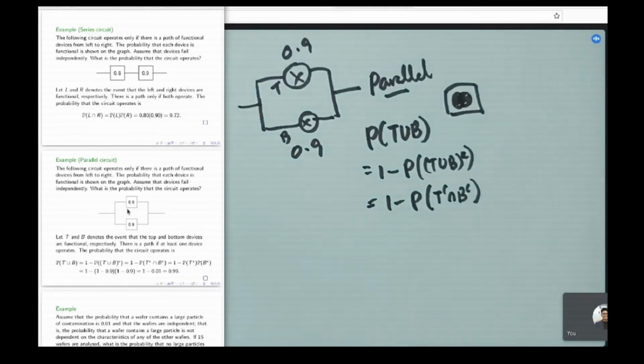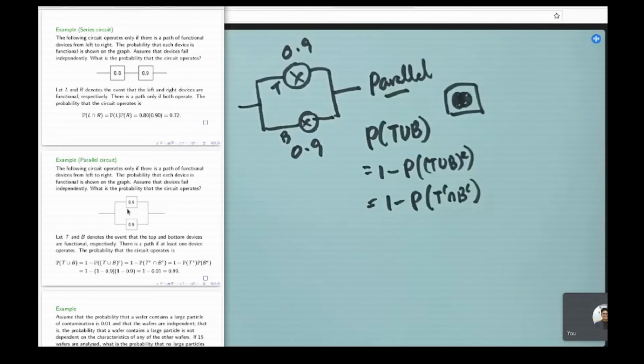The devices can fail independently, which means in practical conditions, of course, one device failing in a parallel circuit might affect the other device because there will be a change in current and everything. But this actually means that you can assume that the devices will not fail dependently, they will fail independently.